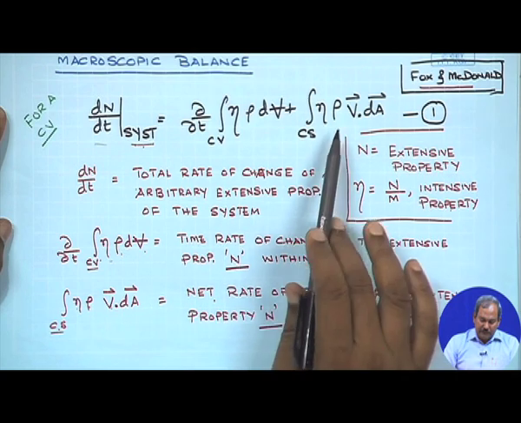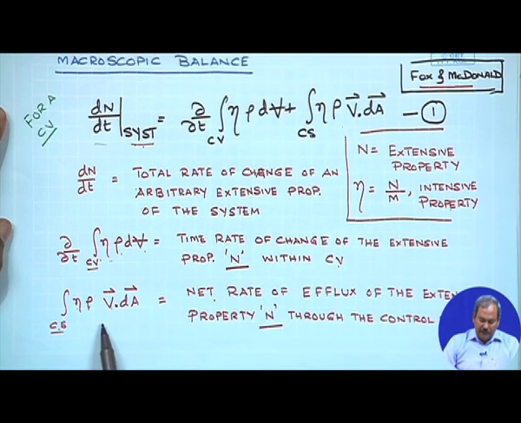And the last term, on the right hand side, gives us the net rate of efflux, that is the algebraic sum of inflow and outflow of the extensive property N through the control surfaces.